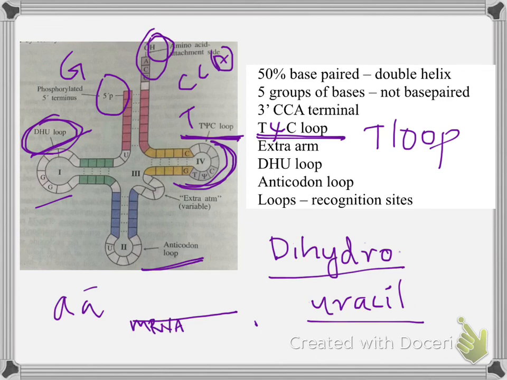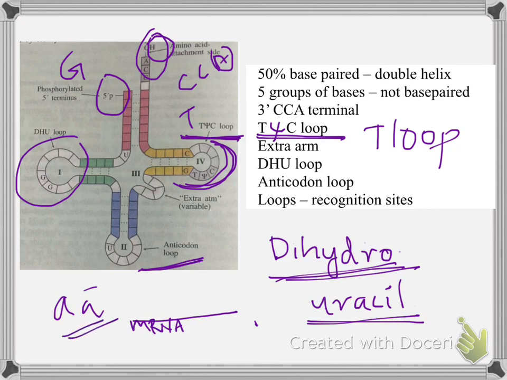So this name is anticodon loop. And this is the D loop, also known as the dihydrouridine loop, because of the presence of dihydrouridine or dihydrouracil. And it is the amino acid recognition site.